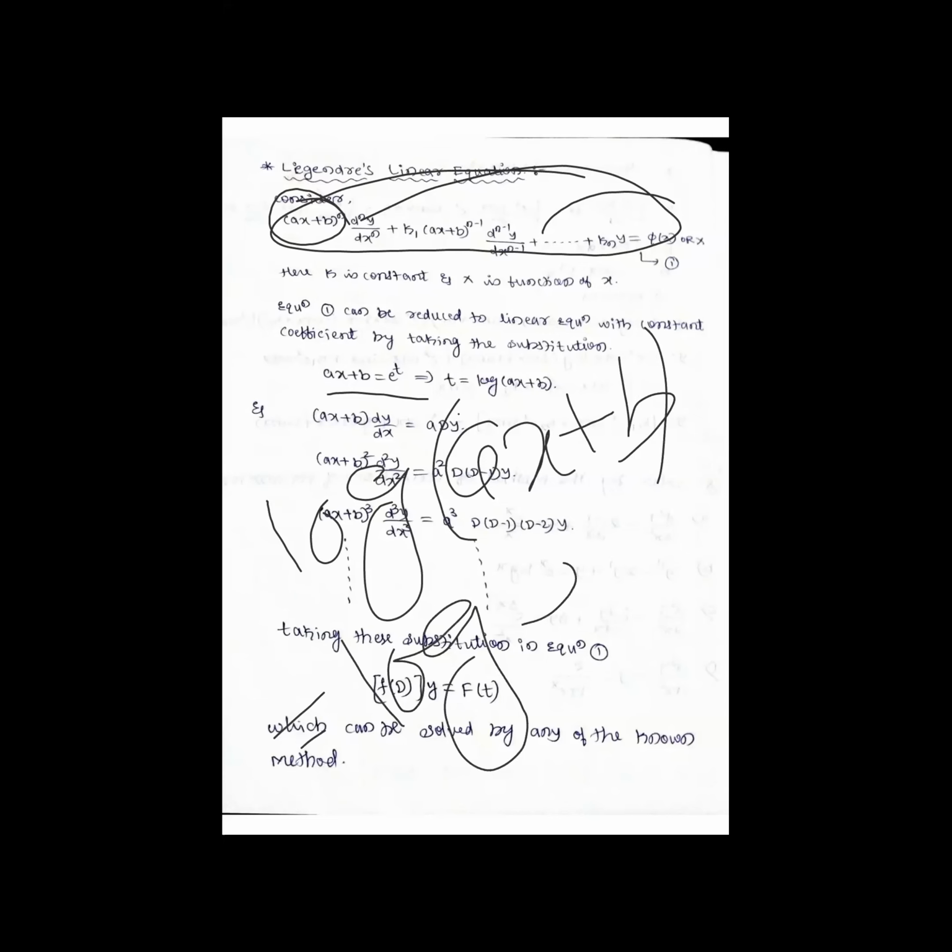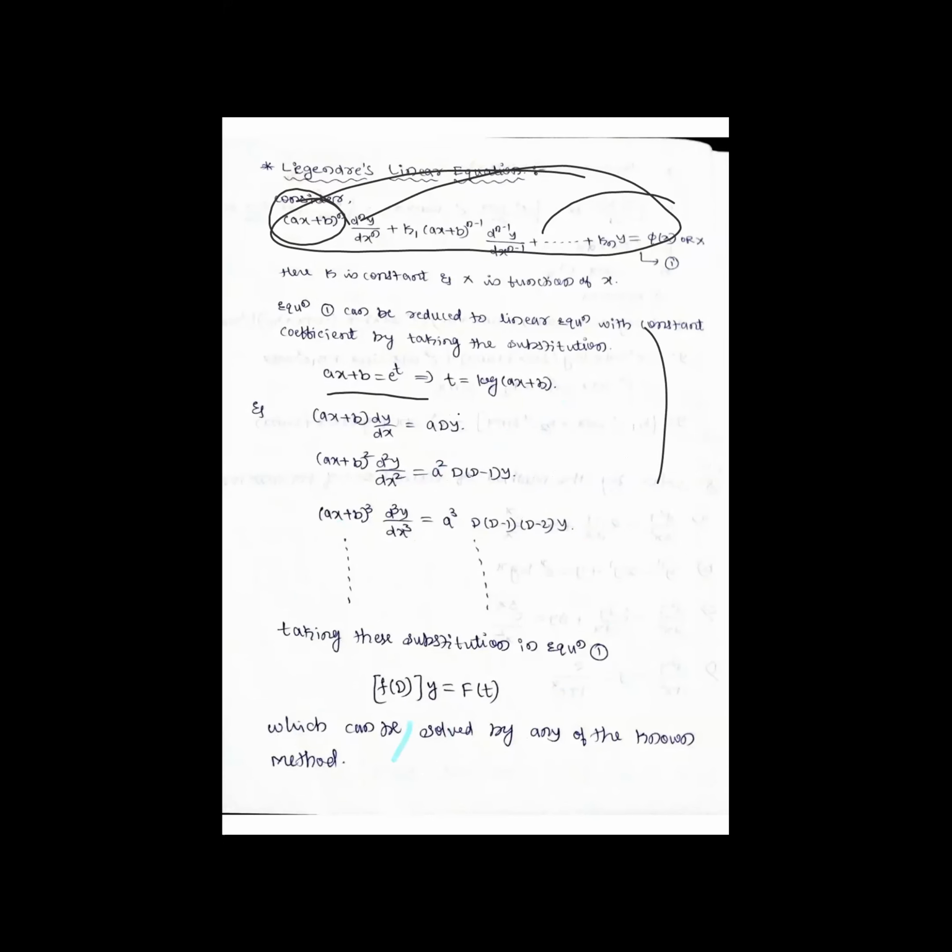Therefore, take log on both sides: log of ax plus b equals log of e raised to t. Log and e get cancelled, only t will remain. So t is equal to log of ax plus b.